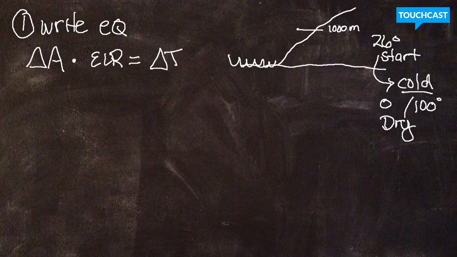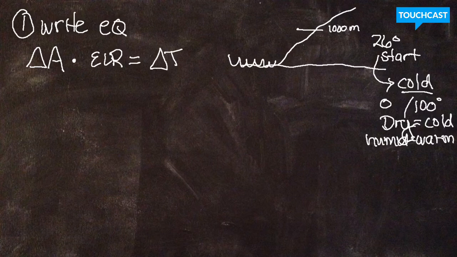Dry air is cold, warm air is humid. So dry is going to be cold, humid is going to be warm. So let's say that, from what we've been given in our problem, it's going to be a dry condition.